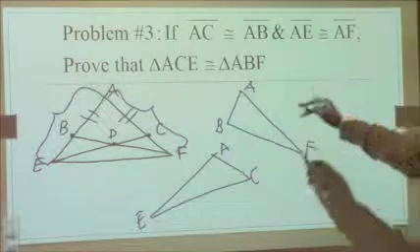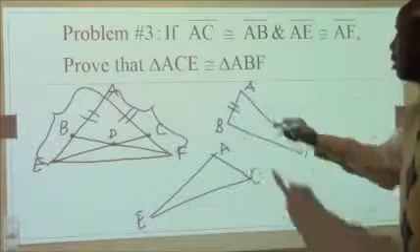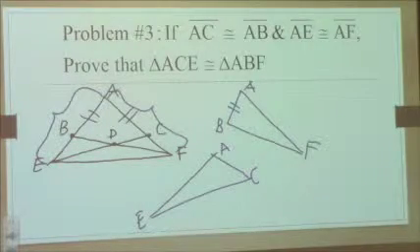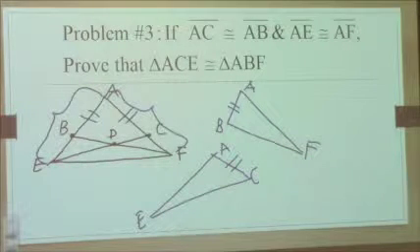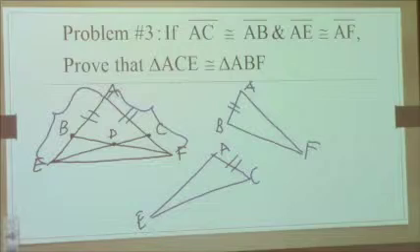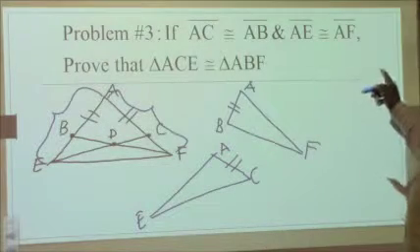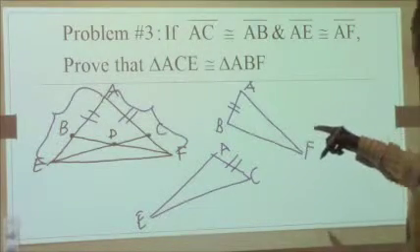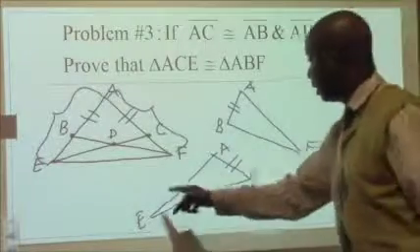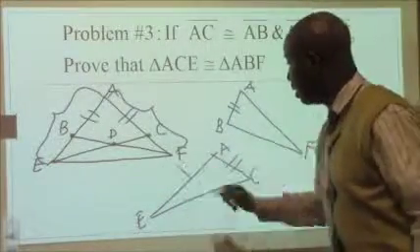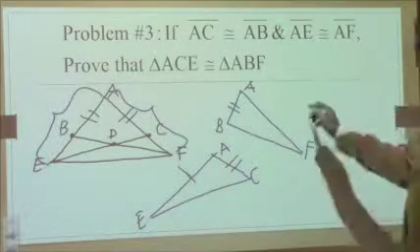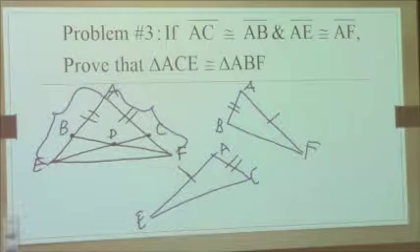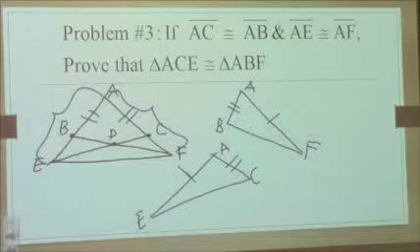I know that AB is congruent to AC. I also know that AE, it's right here, is congruent to AF. AF is right here. Now, what I can see is that angle A is the same angle.